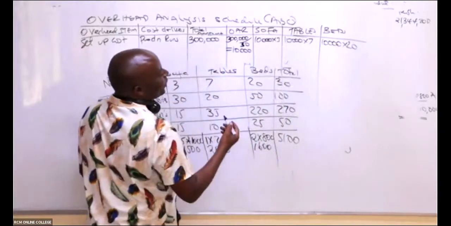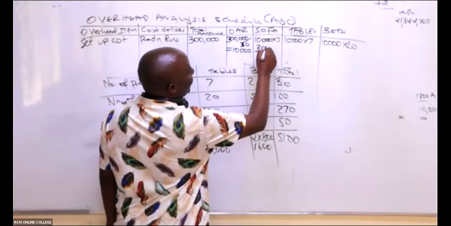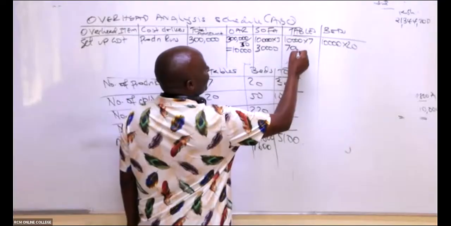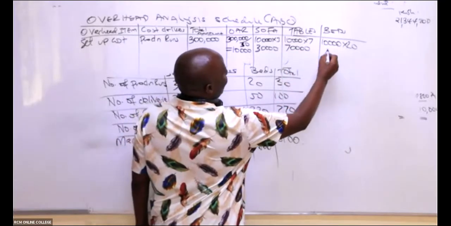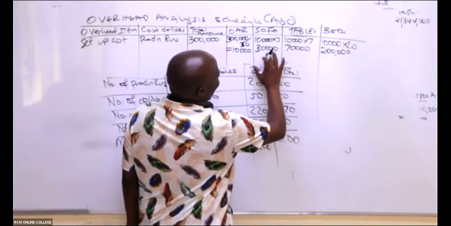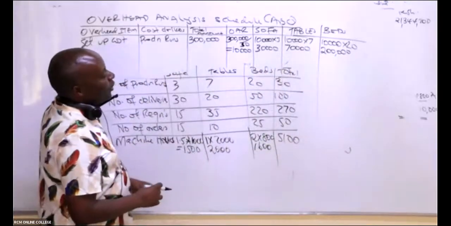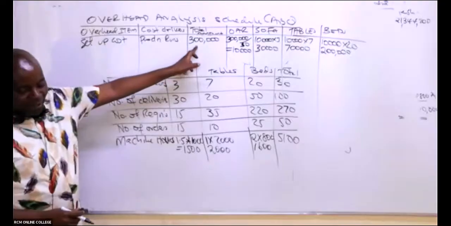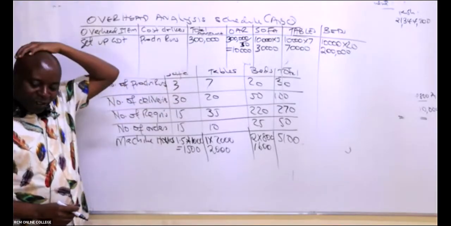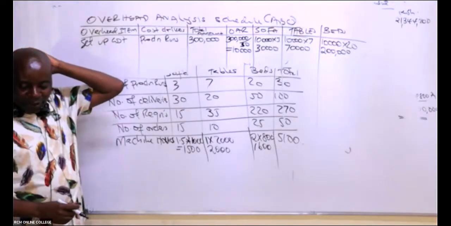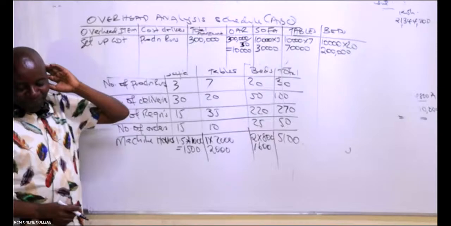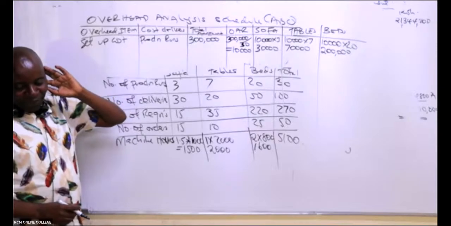So this will be 30,000, this will be 70,000, and this 200,000. If you add the three, they must give you a total of 300,000. Is that okay?